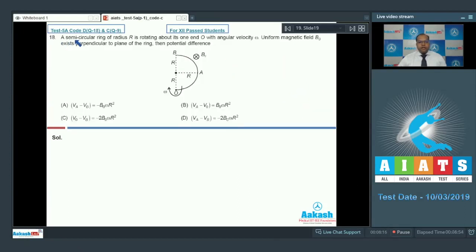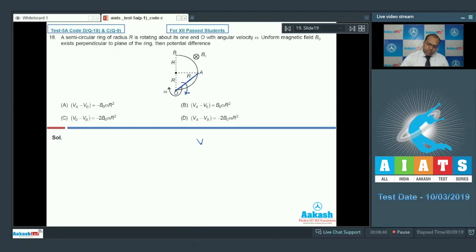In question number 18, a semicircular ring of radius r is rotating about its one end O with angular velocity omega. A uniform magnetic field B0 exists perpendicular to the plane of the ring. Then potential difference. So if I calculate the potential difference between points O and A, then this is the effective length, and the effective length is root 2 r.